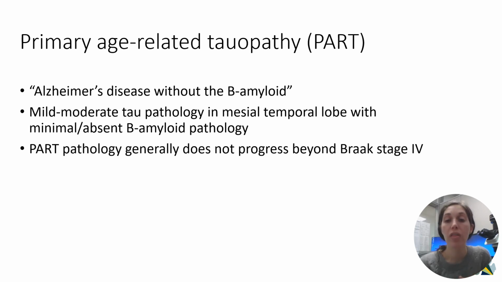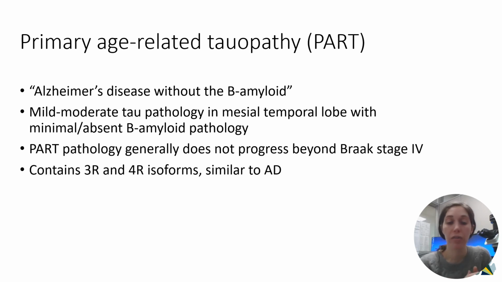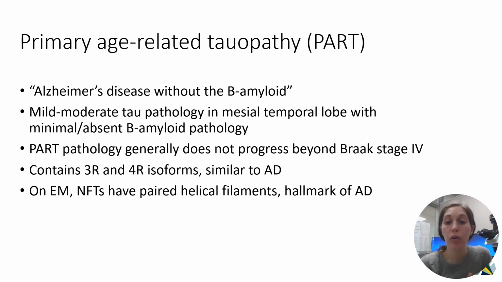And then also the molecular features of tau pathology are identical in these two diseases. So in both of these, the tau in these neurofibrillary tangles is composed of two different isoforms, 3R and 4R, which are named for the number of microtubule binding repeats that are present in the protein. And furthermore, if you do advanced imaging techniques like electron microscopy, these fibrils actually have this same structure. They're these paired helical filaments.